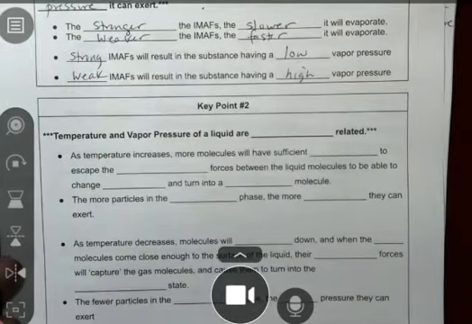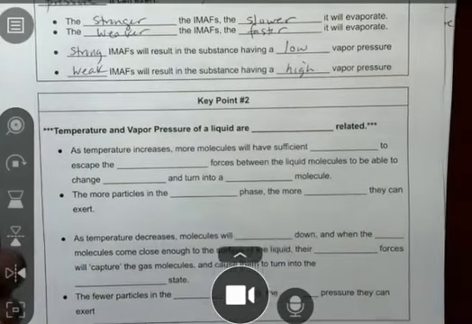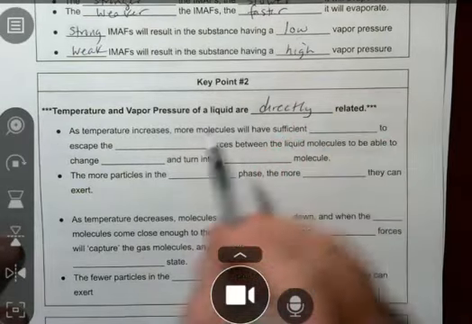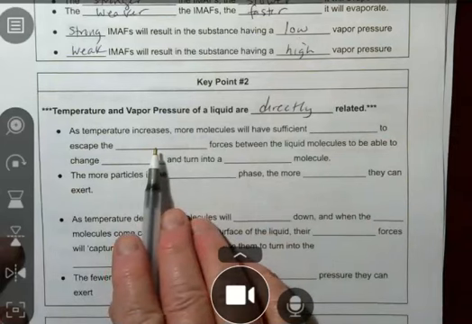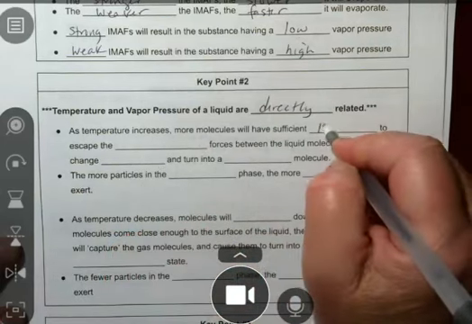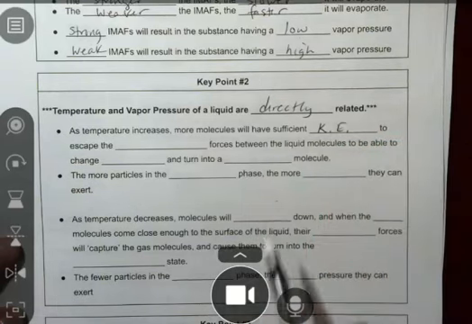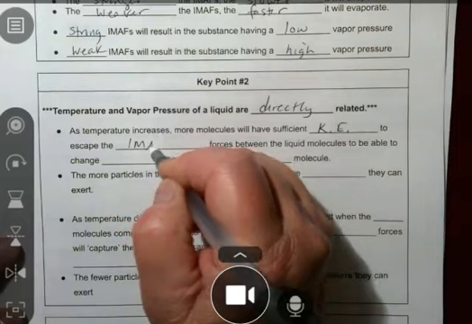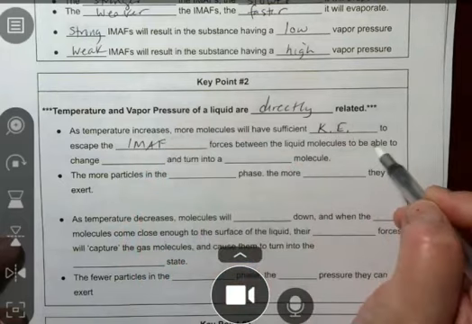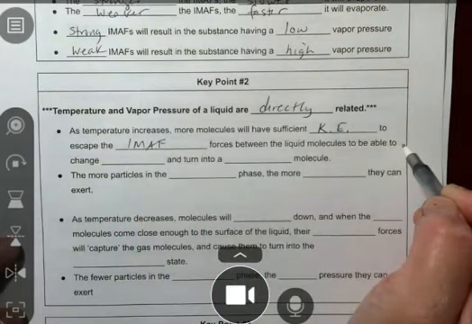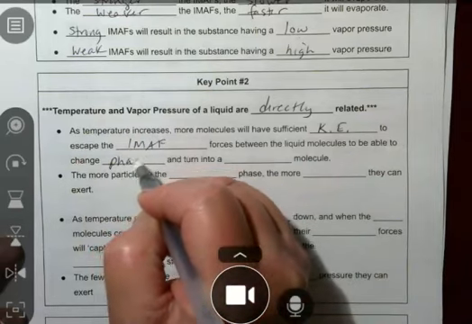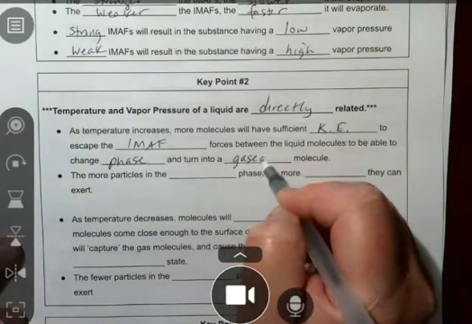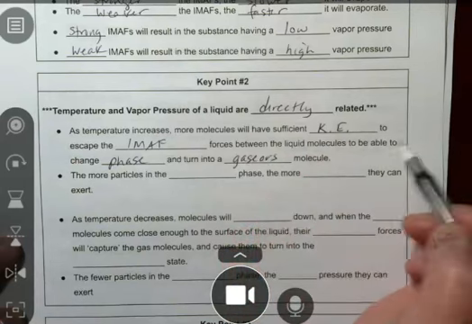Key point number 2, temperature and vapor pressure of a liquid are directly related. As the temperature increases, the molecules will have sufficient kinetic energy, which I'm going to abbreviate as KE, to escape the intermolecular attractive forces between the liquid molecules to be able to change phase and turn into a gas or gaseous molecule.